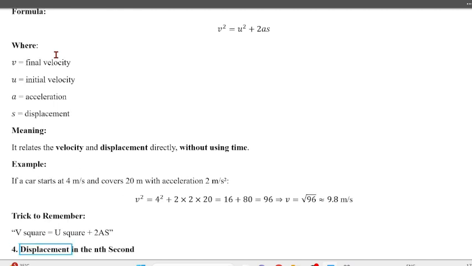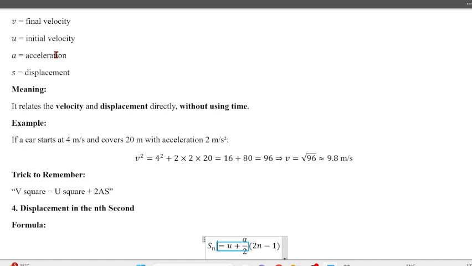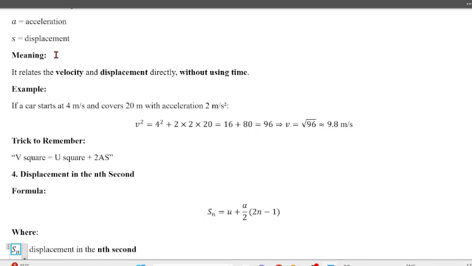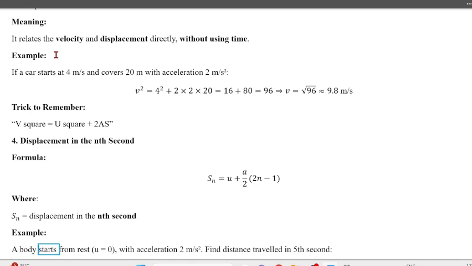For displacement in the nth second, the formula is S_n equals u plus a over 2 times (2n minus 1), where S_n is the displacement in the nth second. Example: a body starts from rest, u is equal to 0, with acceleration 2 m/s². Find the distance traveled in the 5th second.